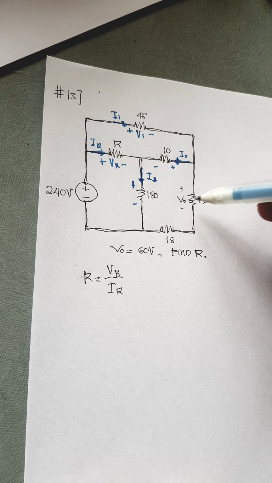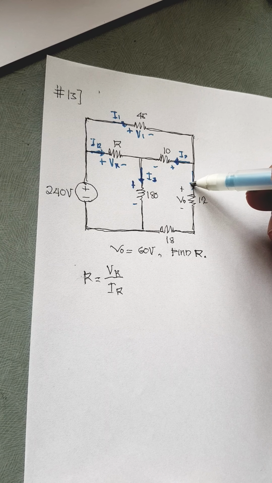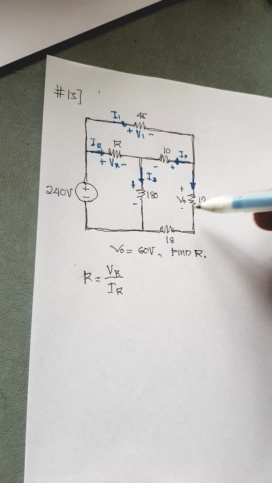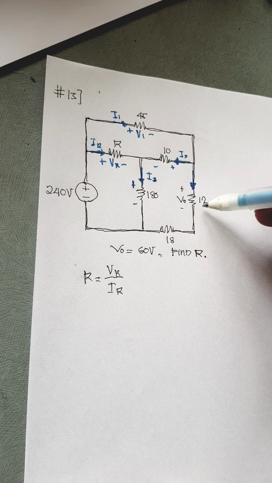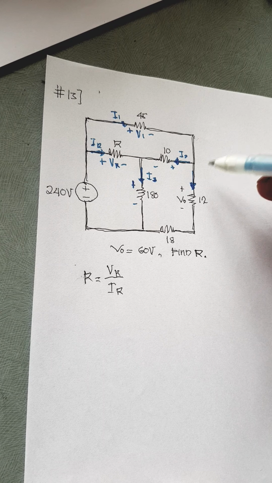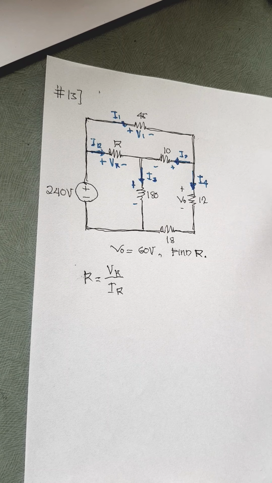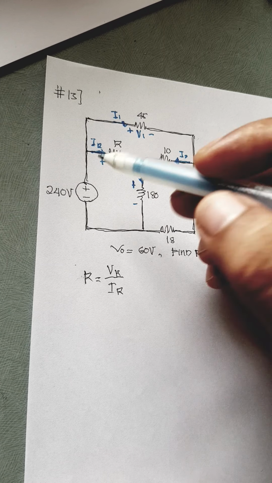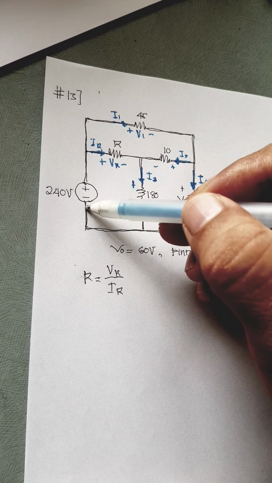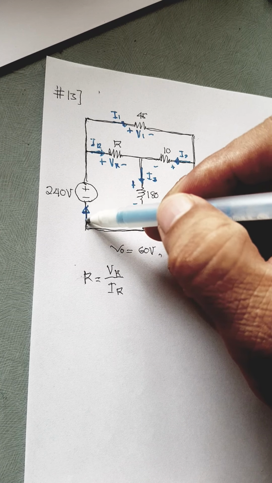Now the voltage VO equals 60 volts, and it is positive here and negative here. So our current should be going down because the 12 ohm resistor should dissipate power. Let us call this I4. And I4 is also the current flowing through 18. Now, of course, the source should deliver power, therefore the current should enter the positive terminal.